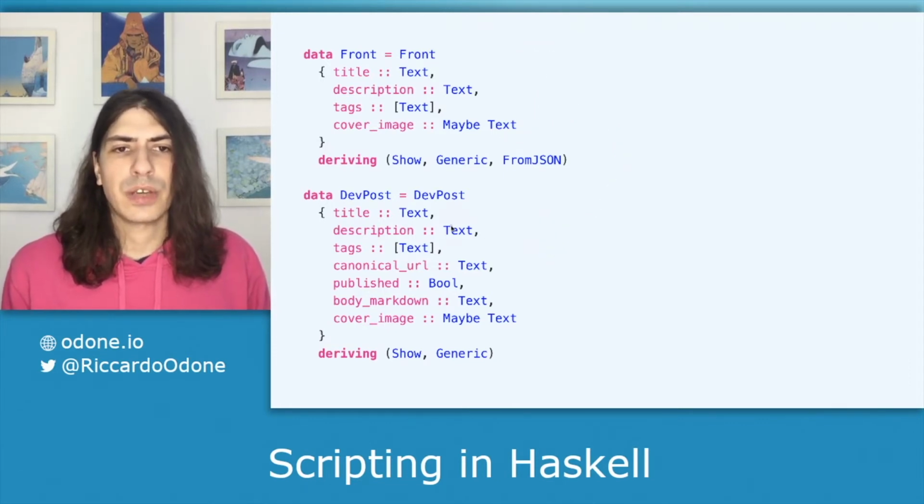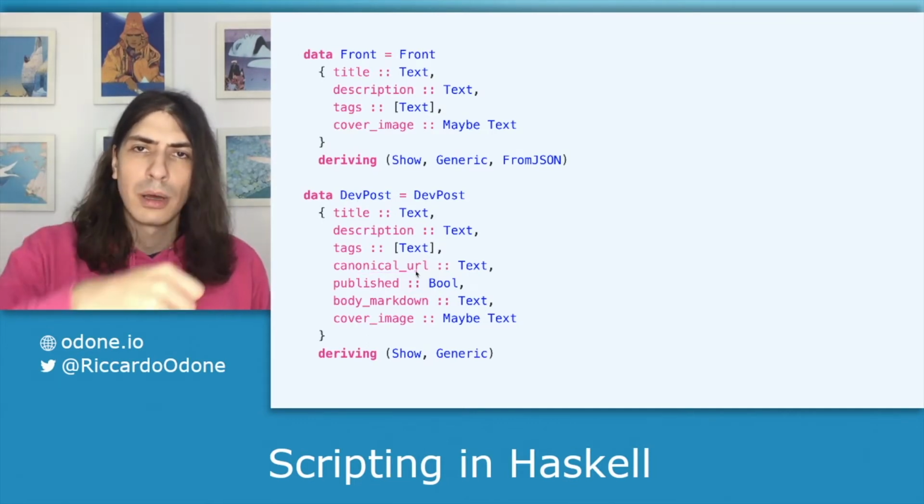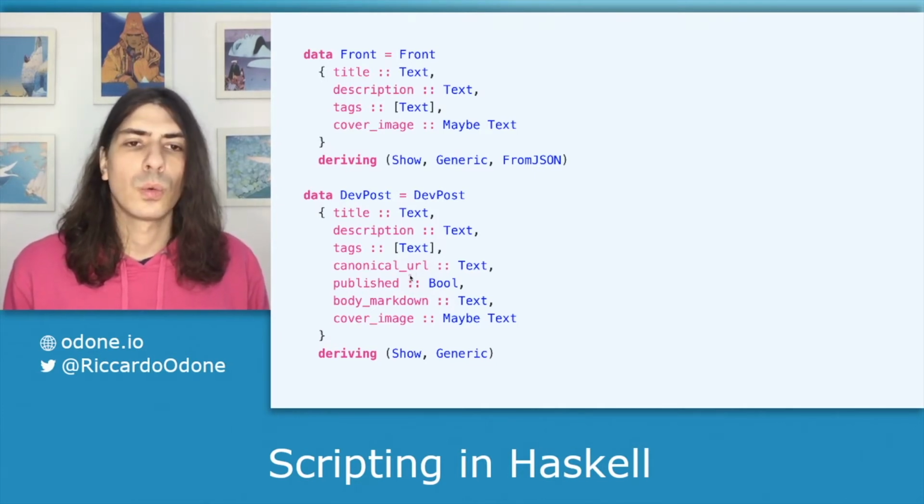And then there's a few additional fields. The canonical URL, which is the URL to the blog post on my blog. So since I'm cross-posting, I can have dev.to pointing to my blog post, so crawlers know who is the canonical source of the blog post.